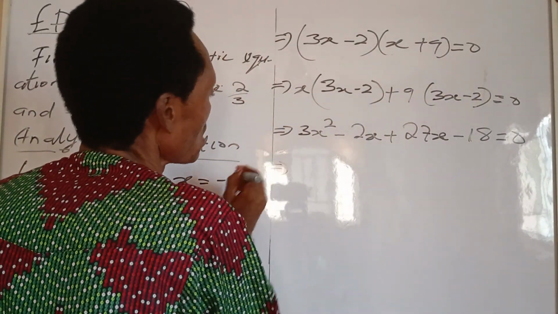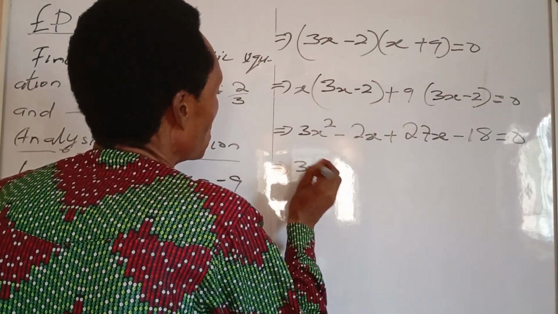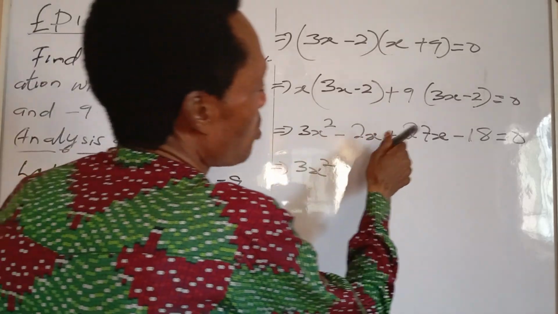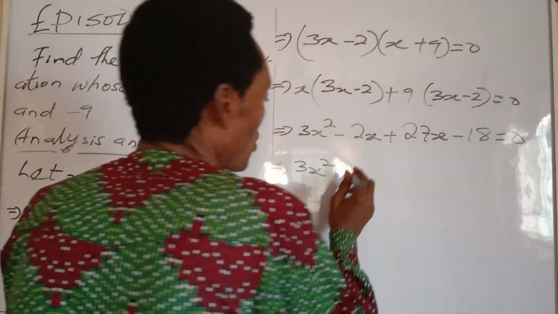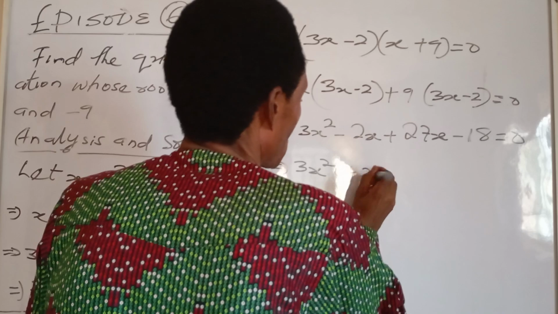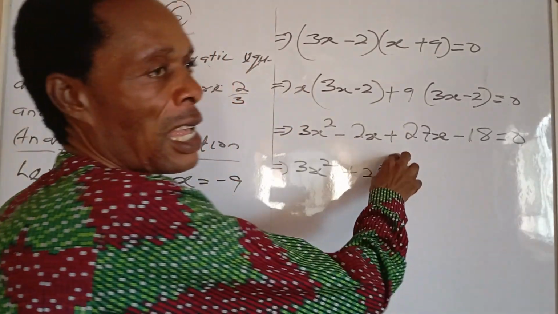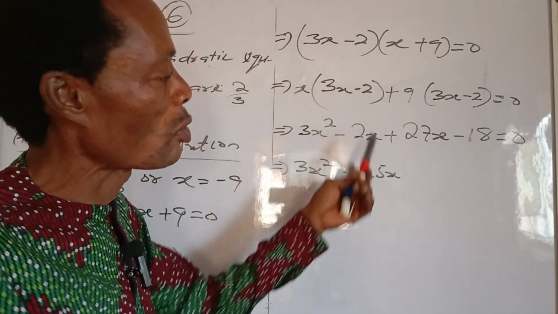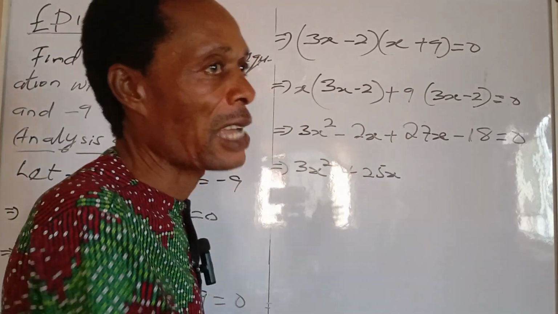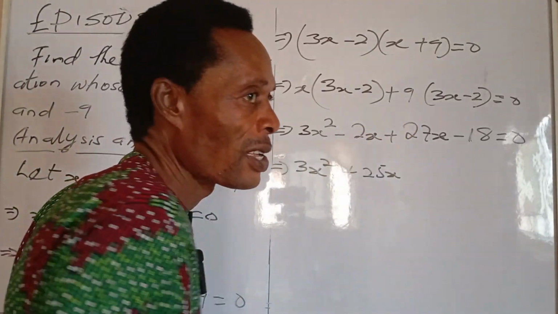Which implies 3x squared minus 2x plus 27x minus 18 equals 0. Yes, because you discover that we have minus 2x plus 27x. At times students make mistakes here.